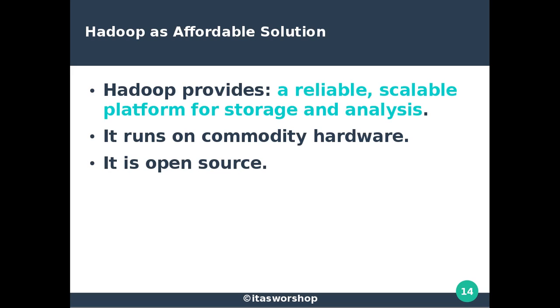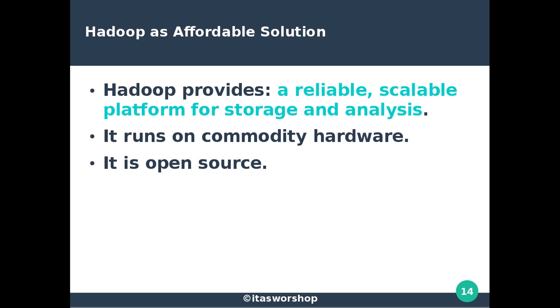So you've got commodity hardware, you don't need big, costly hardware, just some cheap hardware is fine. And one more benefit is that it is open source. You don't have to have a license for it, it's just available. You can contribute to the Apache Hadoop project, and you can use it like normal open source.